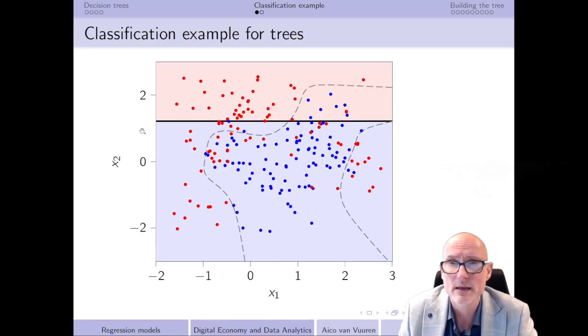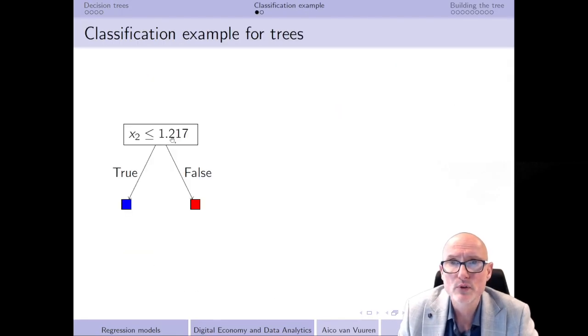So that is this level that we have over here. If it's below 1.217, then we make a prediction which is blue. And if it's above 1.217, then we make a prediction which is red. So that is as simple as that, and we already have our first decision tree.